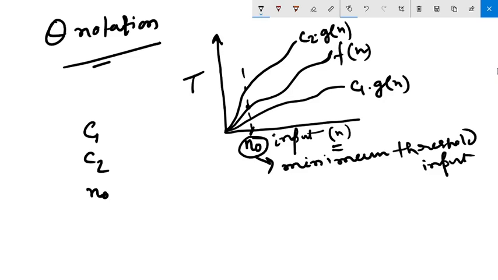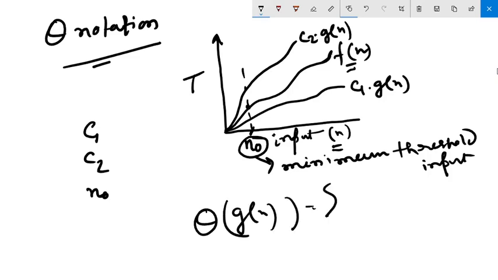If this is the situation, that means fn has been sandwiched between c1 gn and c2 gn, in that case we can call it theta of gn. We can represent fn in terms of theta of gn. That means theta of gn is equal to fn.